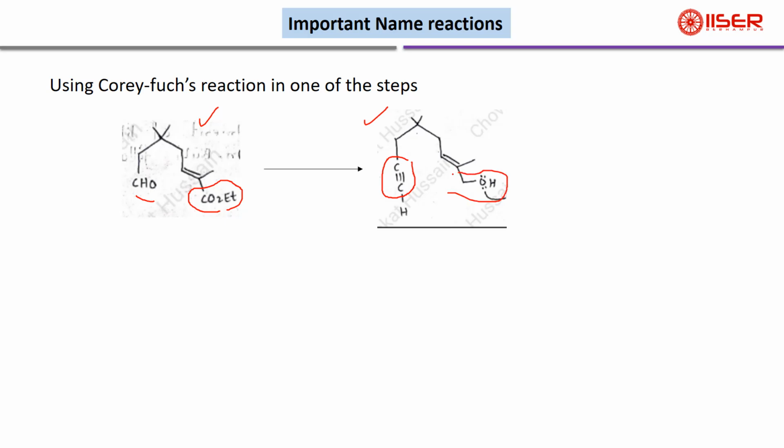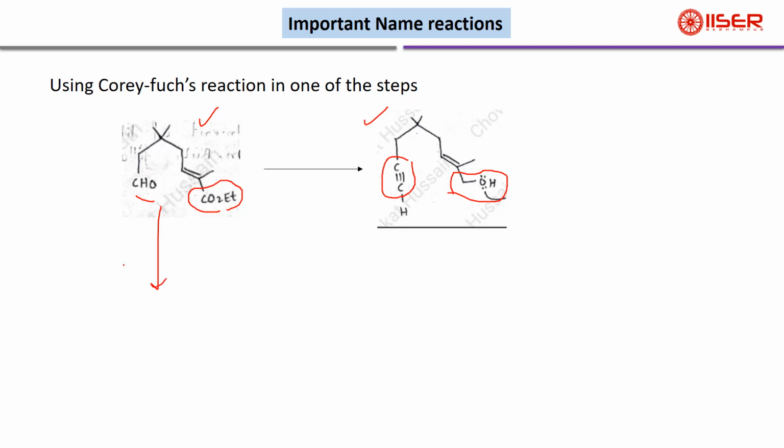From this you can get an idea that we have to perform some reactions so that the aldehyde will be converted to an alkyne and this ester will be converted to an alcohol. Whenever you see that an aldehyde has been converted to an alkyne, that means it is a Corey-Fuchs reaction.